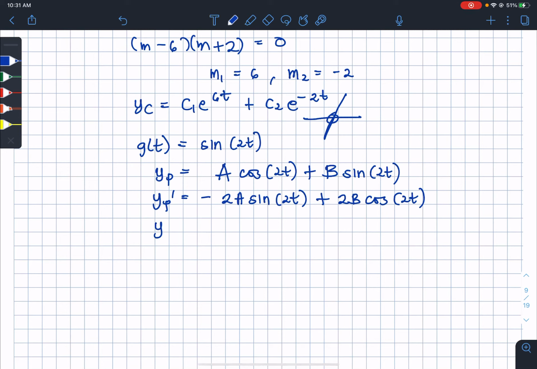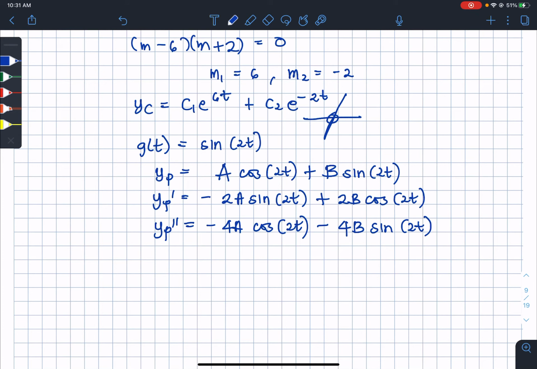Next, we have the y_p double prime. For sine, that is cosine 2t, and 2 times negative 2a is negative 4a. Then cosine would be negative sine of 2t, the derivative of 2t is 2, so we'll have 4b.